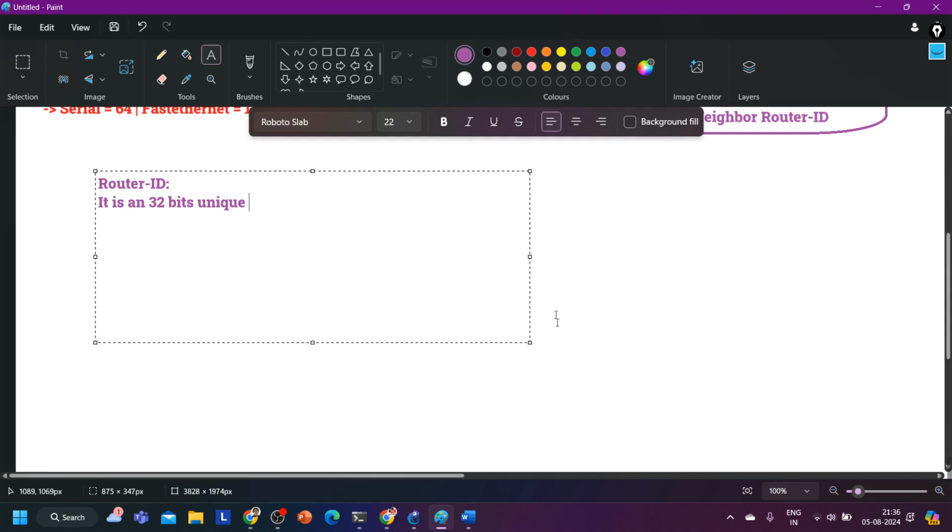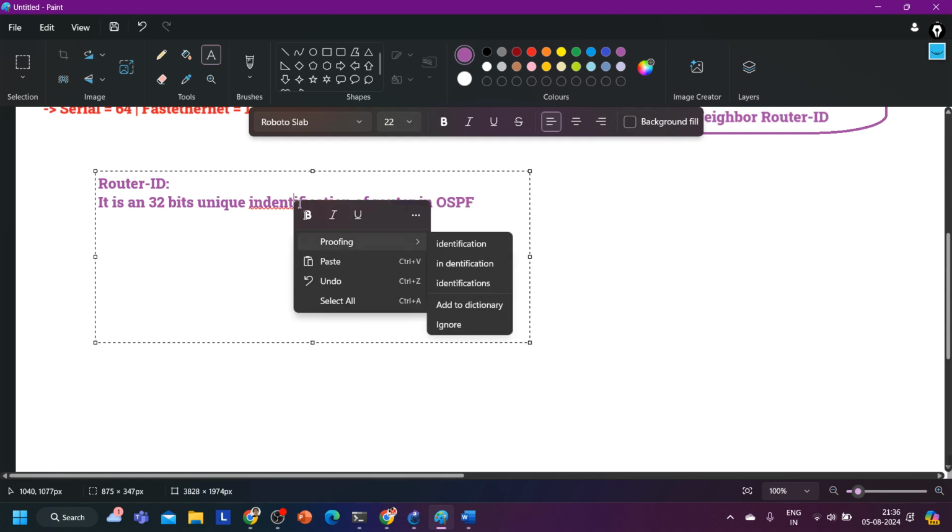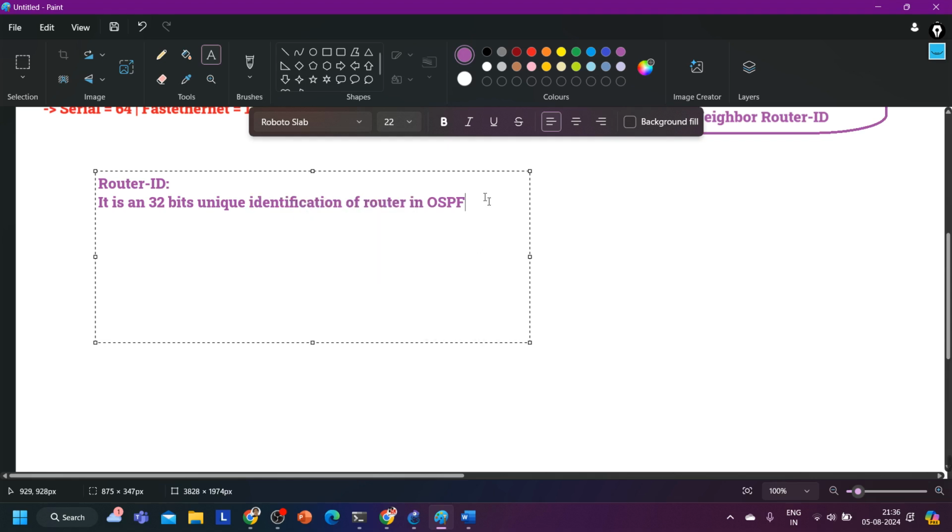So it is a 32-bit unique identification of a router in the OSPF domain.